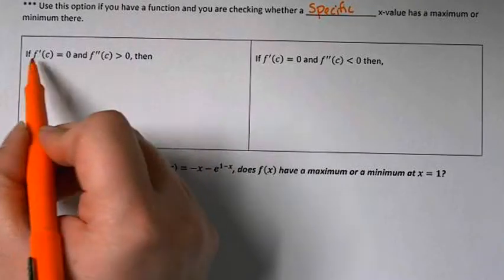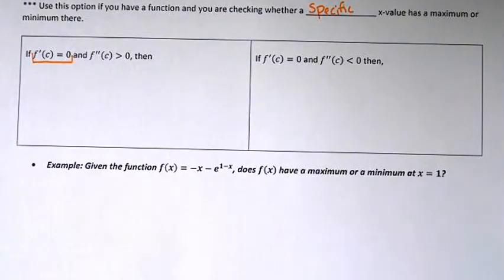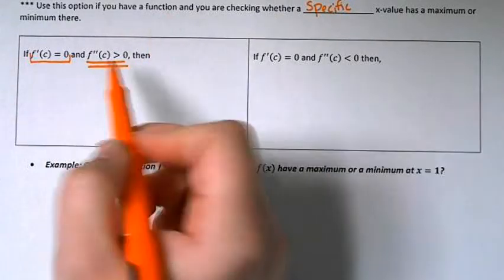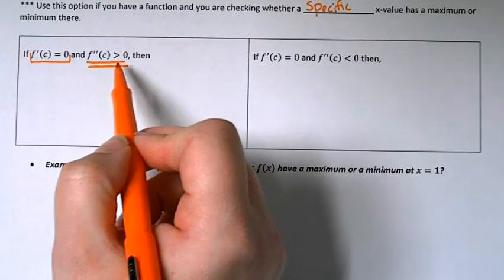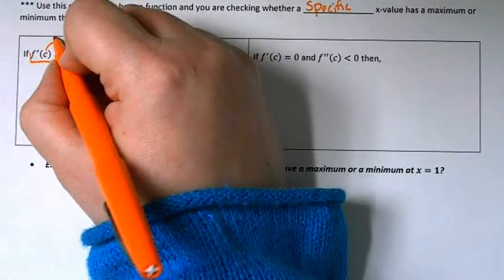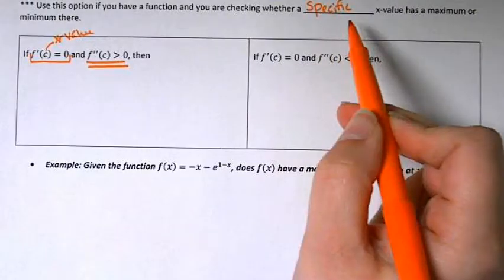So if we're given that the first derivative is 0 and the second derivative is greater than 0, let's first talk about what this c value means. This c is some x value. So this is the specific value that we're looking at.